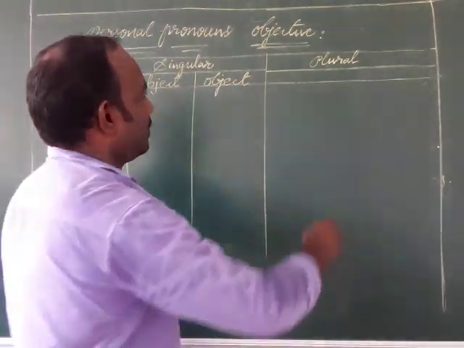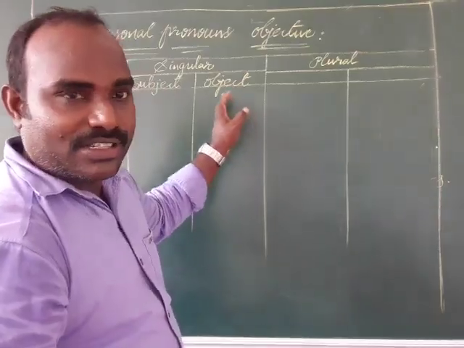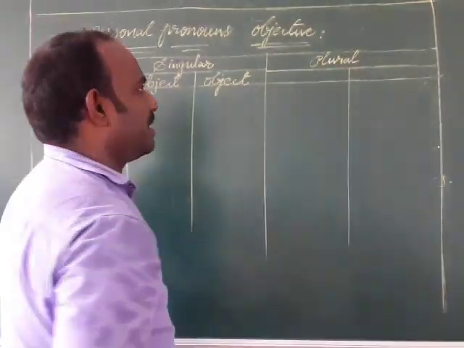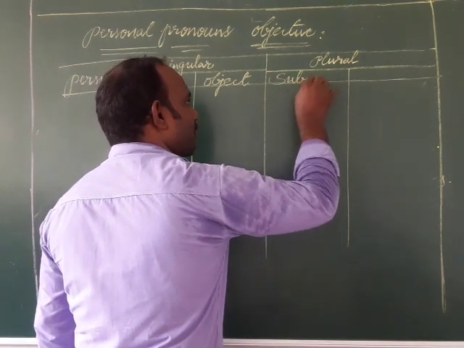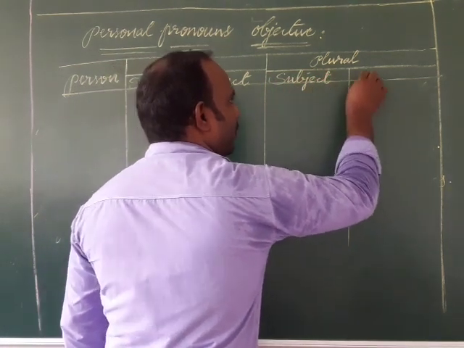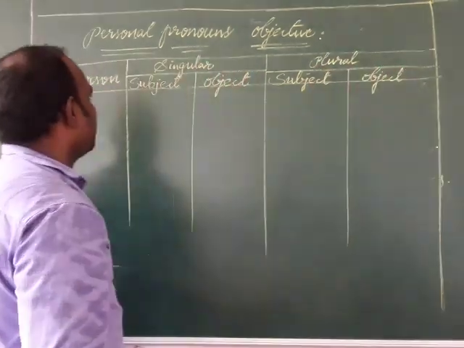Actually, we should write at the beginning, instead of the first table, we should write this table. Okay, no problem, you can write. Here, subject, object. Right?